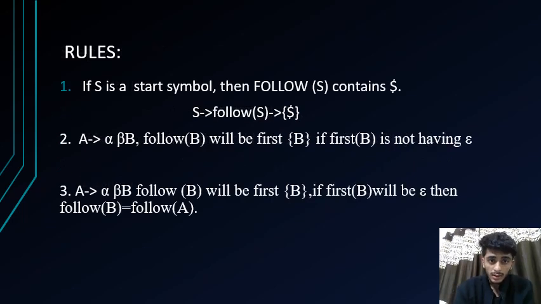If S is the start symbol, then follow of S contains dollar. For A tends to alpha B beta, follow of B will be the first of beta if first of beta does not have epsilon. If first of beta contains epsilon, then follow of B is equal to follow of A.